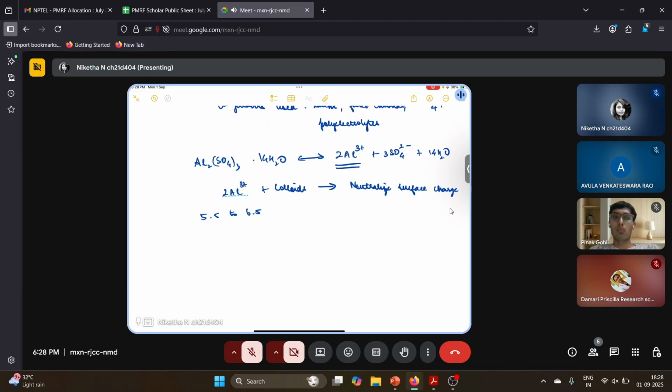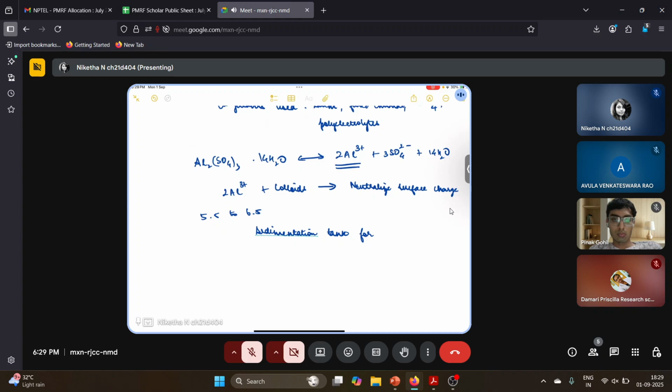And for the flocculation, we will do a flash mixing. For 1 to 2 minutes, we will be mixing rapidly. And then after that, slow mixing is done for 20 minutes. And after this, the flocks are allowed to settle down in a sedimentation tank for 3 hours. And by the way, a clarifier is also called a sedimentation tank.